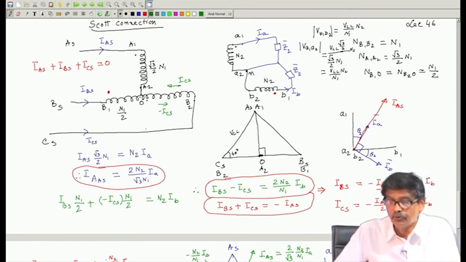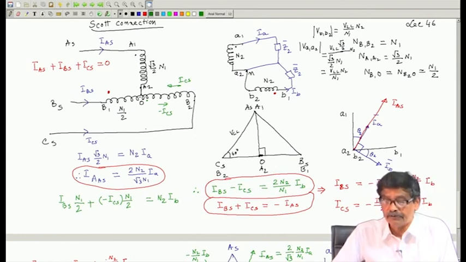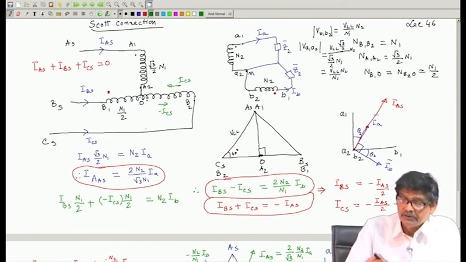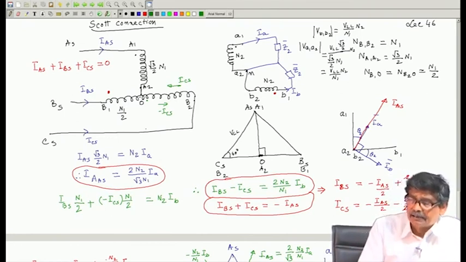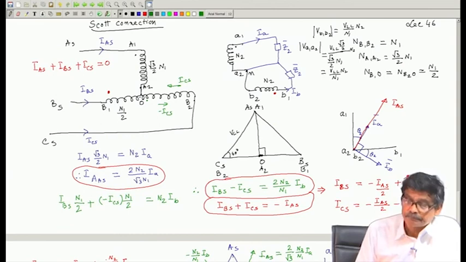You require two single phase transformers which are not identical in the sense that number of turns are different. Primary side must have a total number of turns N1 and with a 50% tapping, otherwise you cannot implement that. The second transformer primary must have its number of turns same as this transformer, but with root 3 by 2 into N1 turns.